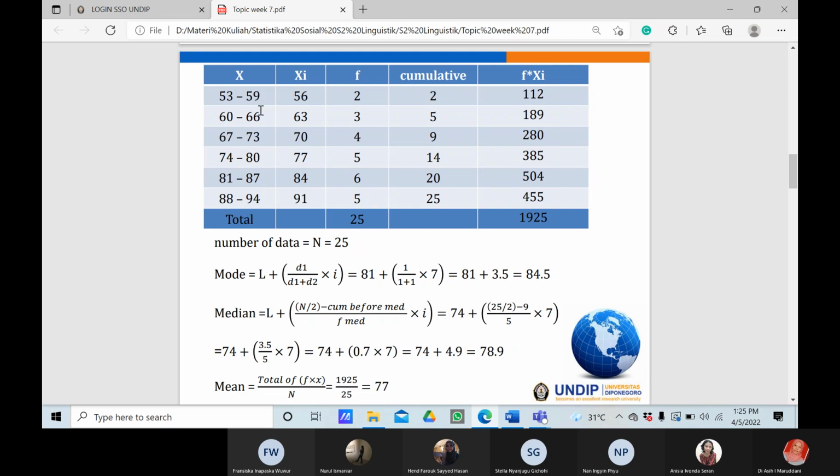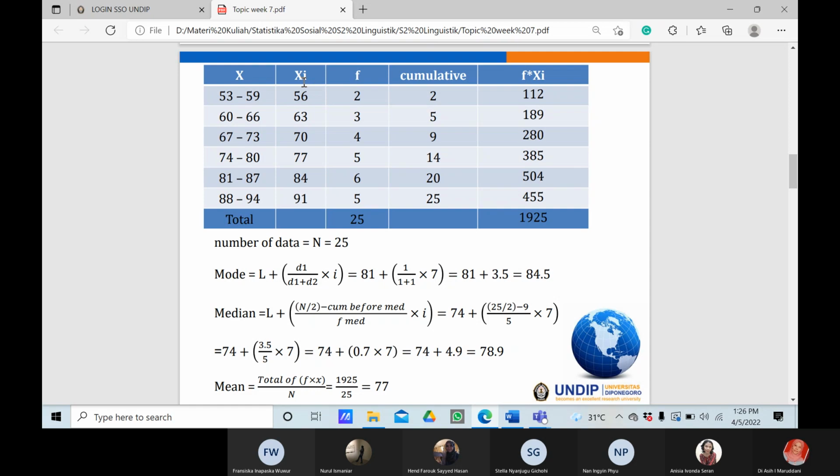Okay. From the kind of interval, you have to find the midpoint of the interval. This is built at the second column.